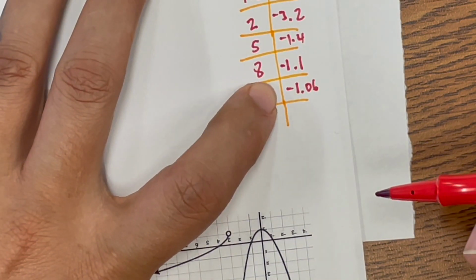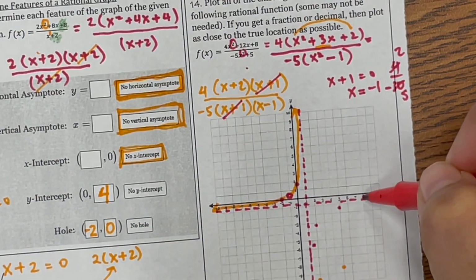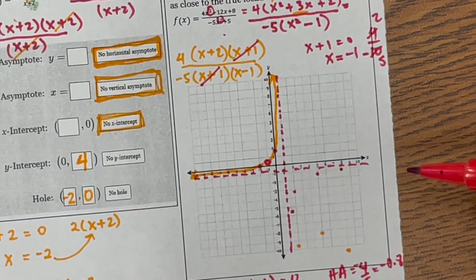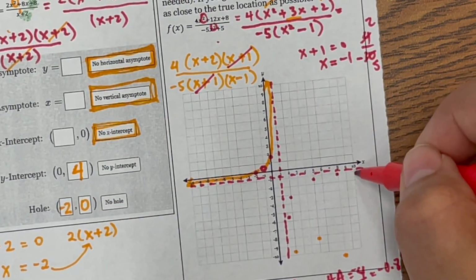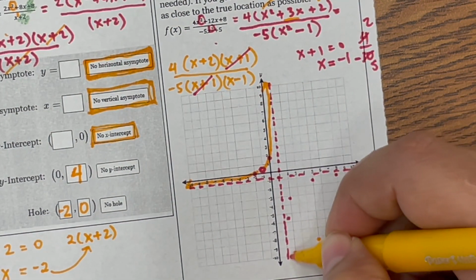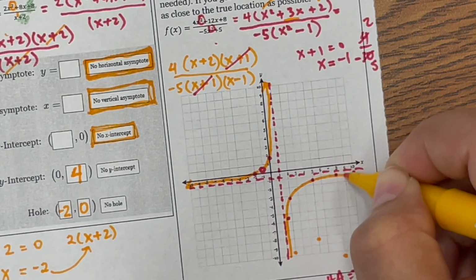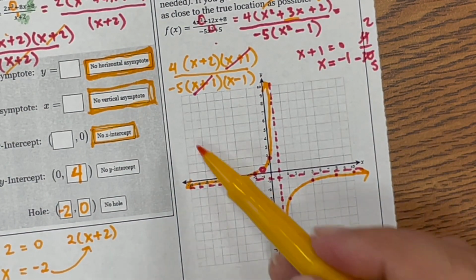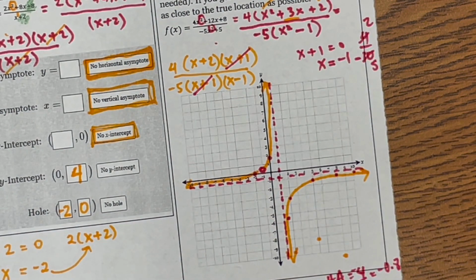When x is 8, negative 1.1, somewhere there. When x is 10, negative 1.06. So we're getting very close to negative 1, but we're never doing what? Touching it. So now go ahead and join all those points together. So it looks like it does this. Okay, so now I have a whole picture of what's happening in the graph.